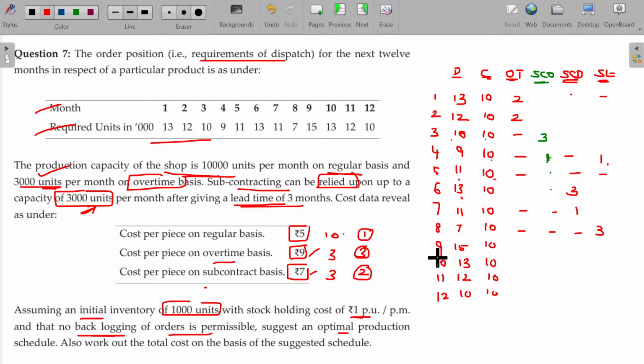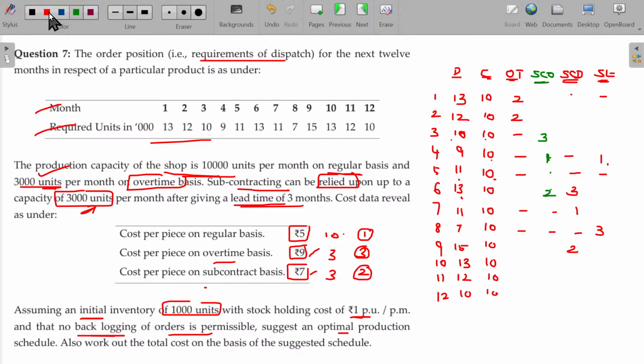And 5th month, 15 is needed, 10 is produced, 10 plus 3, 13 we have. Because of the stock we can manage up to 13, but 2 is shortage, which can be made available by subcontract. If I want it delivered, I have to order 3 months ahead.